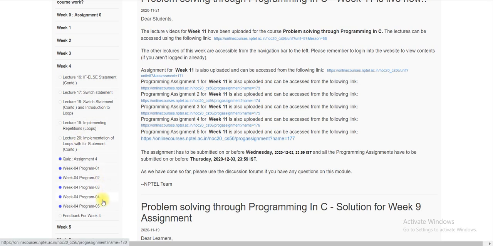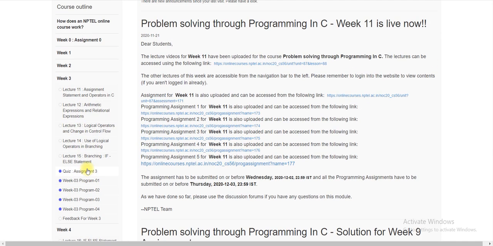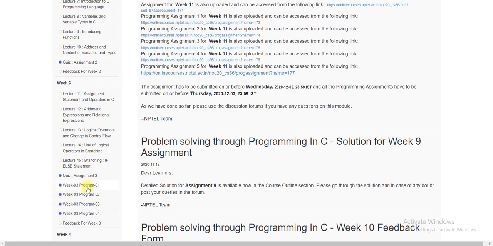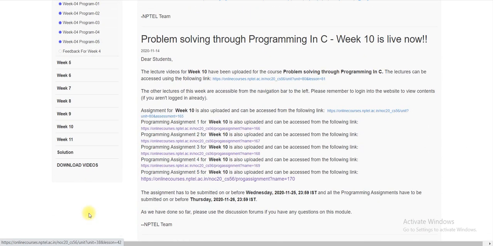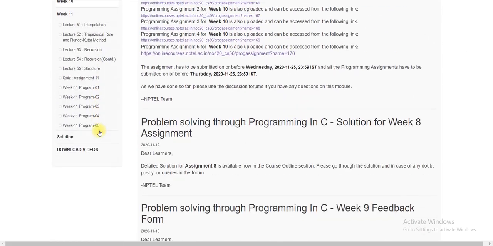Okay guys, so one thing you can see here, in the third week also we got the programming part, and in the second we didn't get. From the third onwards we got up to 11, and the 12th week will be released soon.